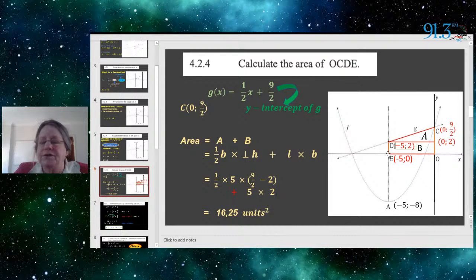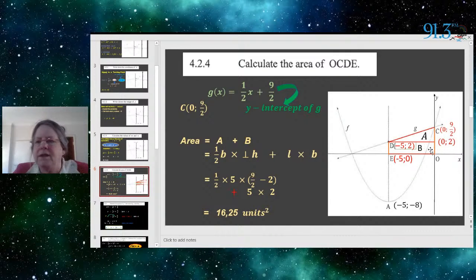So you could have used the equation for the trapezium straight away and get the answer. It's quite a hard equation to remember, so I decided to do it differently. I've split my picture up into an area A, which is a triangle, and an area B. Remember, this is 90 degrees because the x and the y axis are perpendicular to each other.